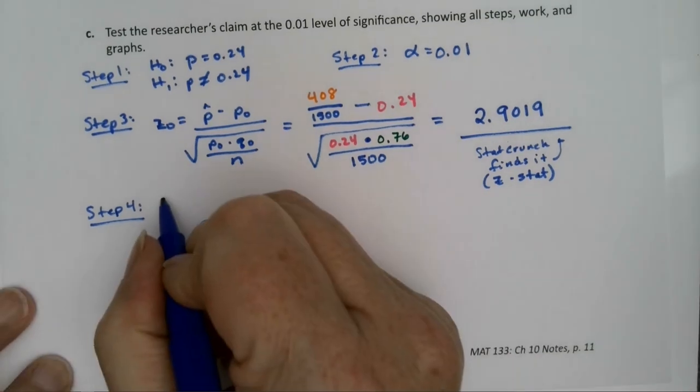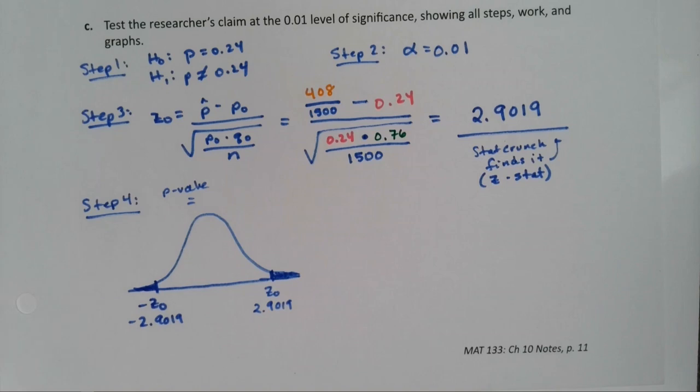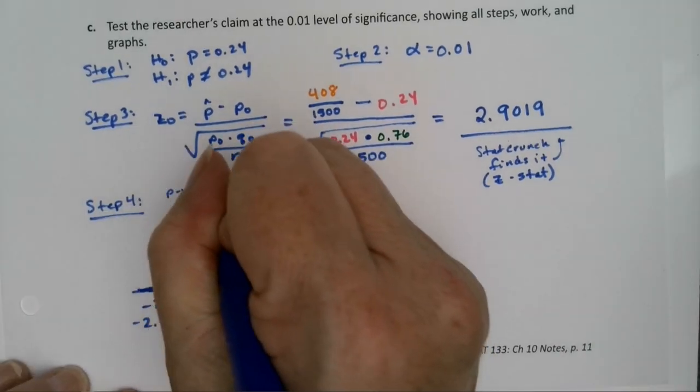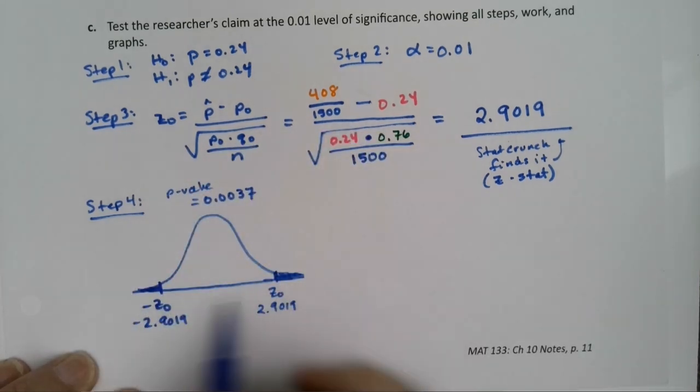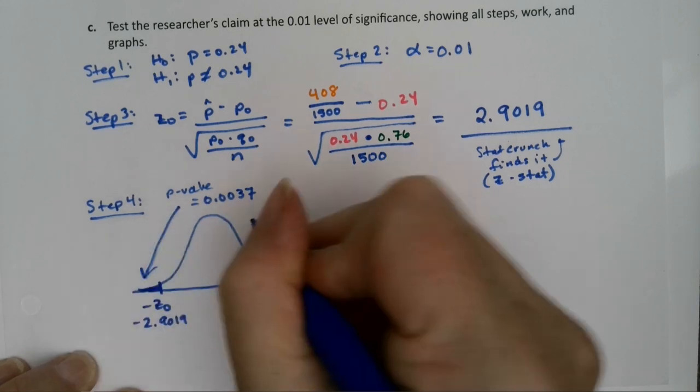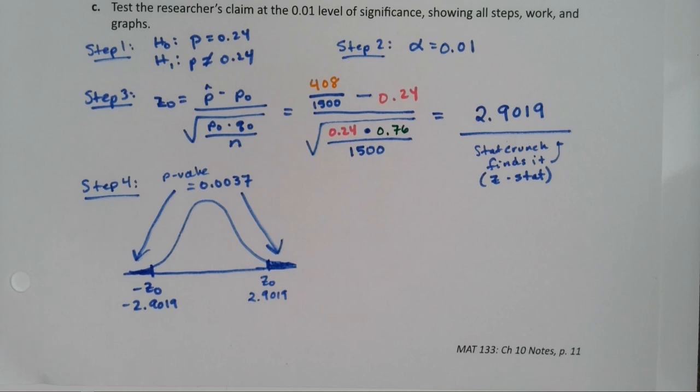And then you write p-value up here at the top, and you say what it was, which I don't remember what it was, 0.0037. So I'm labeling everything. So this is my p-value, that's my z0, negative z0. And I put a double arrow pointing to the 2 tails. Those 2 tails together make 0.0037.